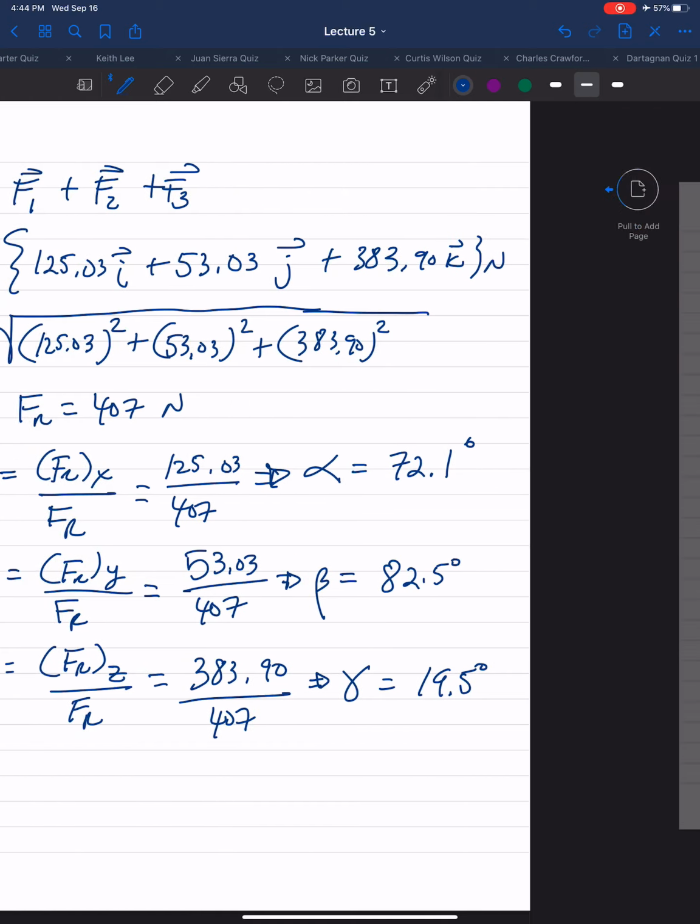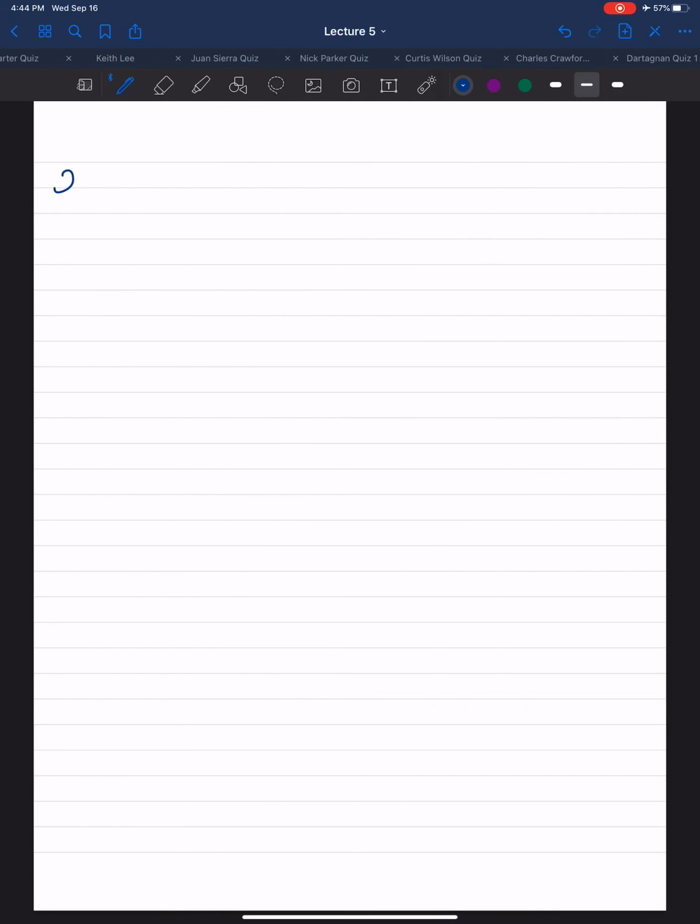So let's move on to section 2.7 in the text. Position vectors. Here we will talk about the concept of position vectors, and this is primarily dealing with good use of coordinates of different points.